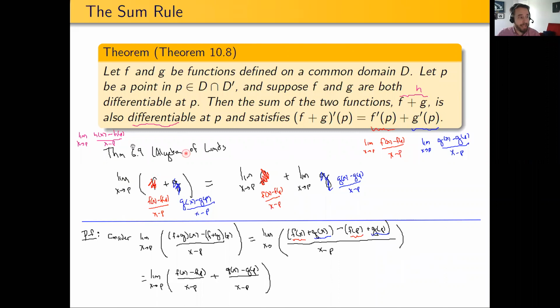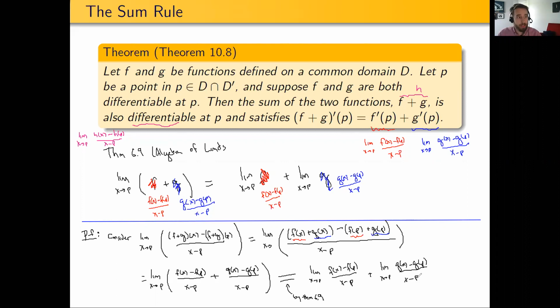So now, by the algebra of limits, by theorem 6.9, that is going to equal the limit as x goes to p of f of x minus f of p over x minus p plus the limit as x goes to p of g of x minus g of p over x minus p.